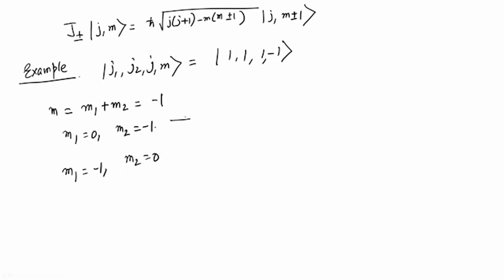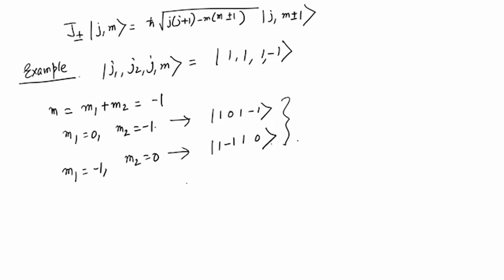So, J1 is 1 and M1 is 0, and J is of course 1 and M is of course 1. This gives rise to a state in terms of J1 M1, J2 M2, which is 1, 0, 1, minus 1, and the other one is 1, minus 1, 1, 0. So, these are the combinations.